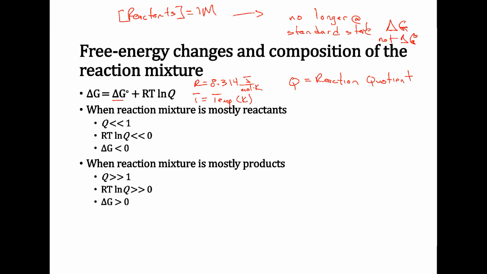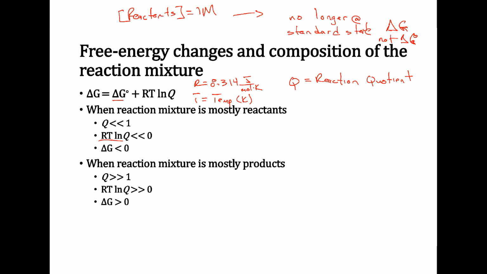If Q is much less than 1, that means this term RT ln of Q is less than 0 as well. So the reaction will proceed towards the products, because we have primarily reactants.